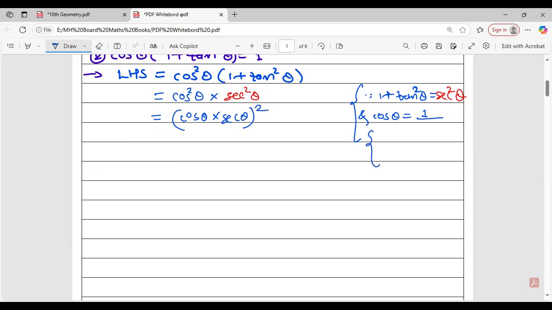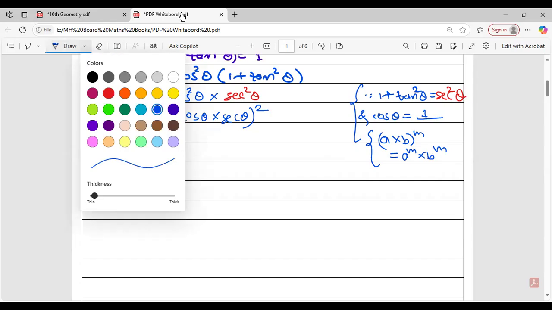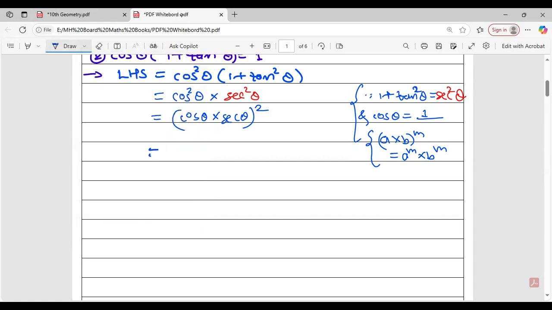Again, I am using this law of indices: A into B raised to M is A raised to M into B raised to M. This I told you, the law of indices.